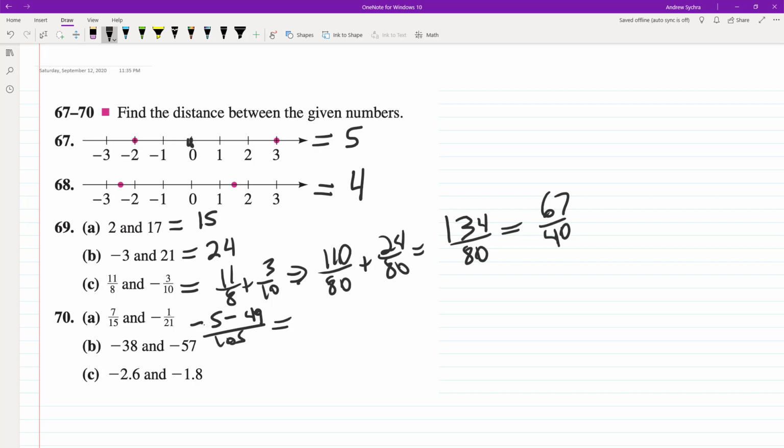We end up negative 18, so 18. So it ends up being 18 over 35. It's kind of messy. 38.57. You just add one to the other, so we end up with 19. And finally, with this, it's just 0.8. Okay.